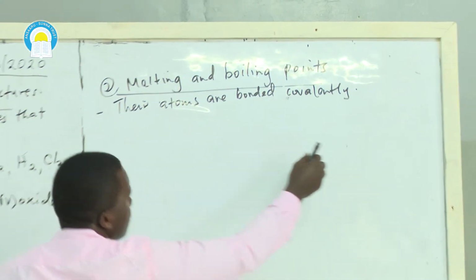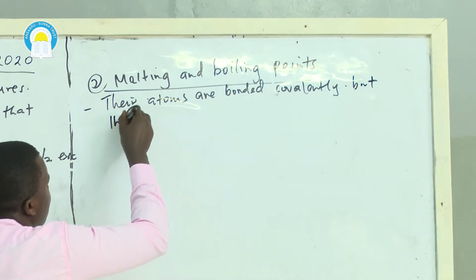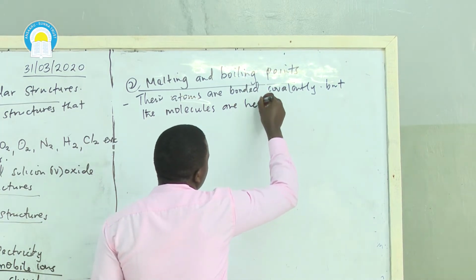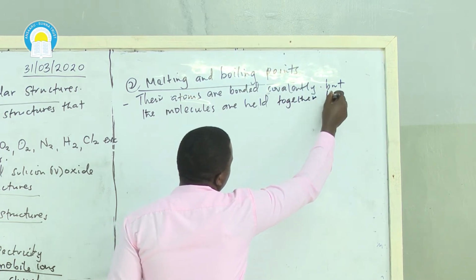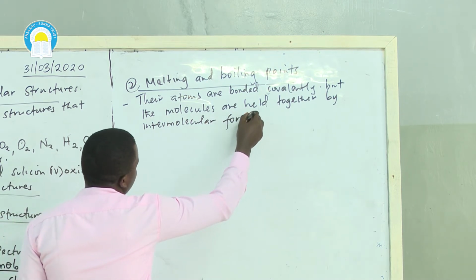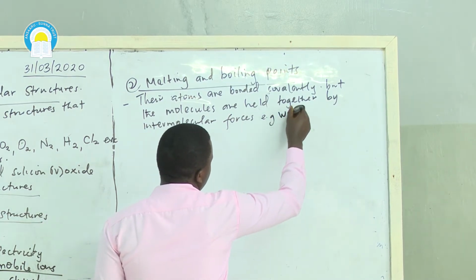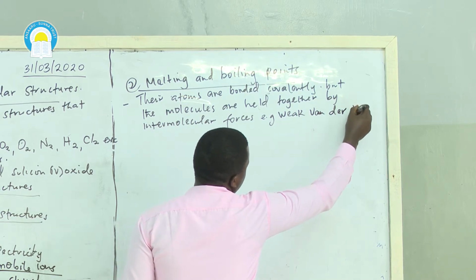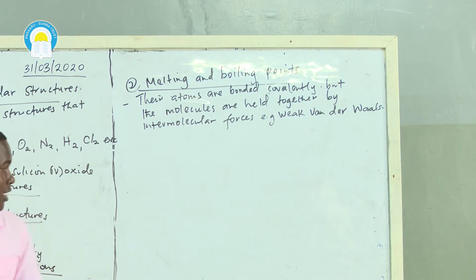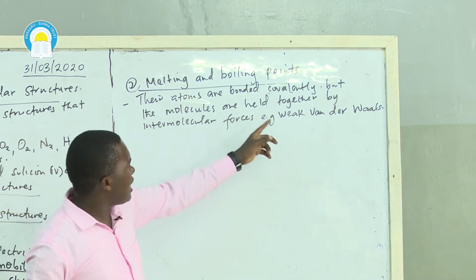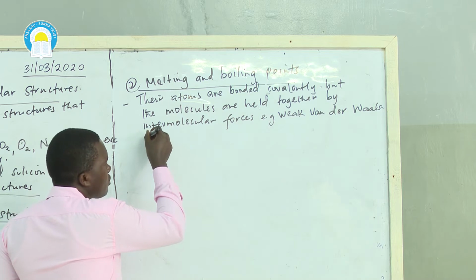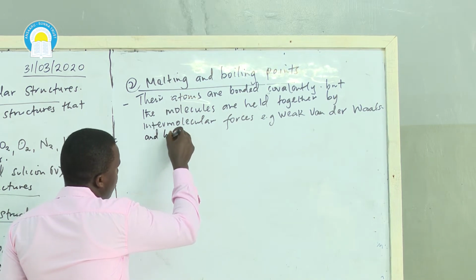But this is very important to note: although the atoms are covalently bonded, the molecules are held together by intermolecular forces, e.g. weak van der Waals and also hydrogen bonds, which is common in water.